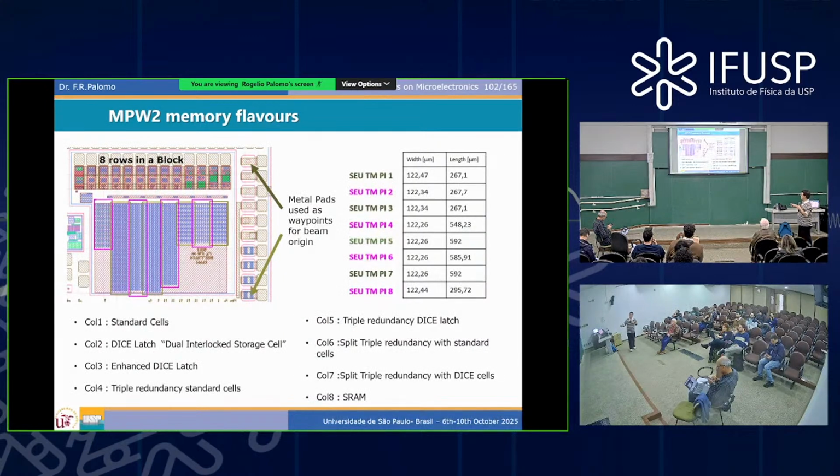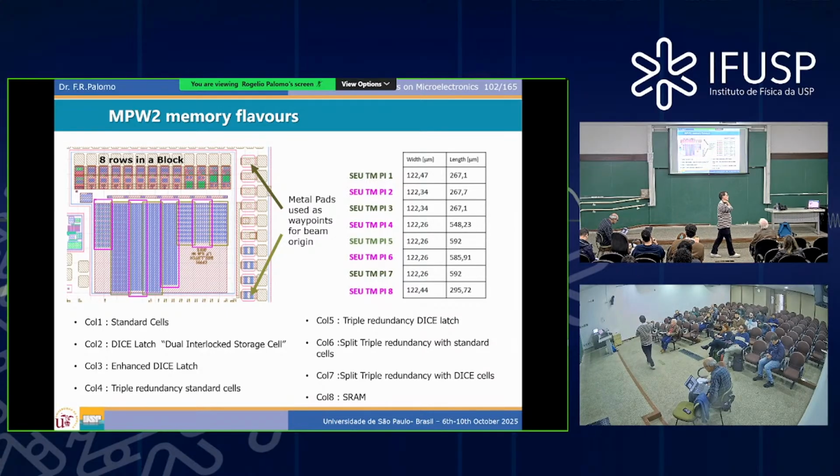Okay, this is a detail of the layout of the matrix of memories. Basically we put several memories: standard cells, dual interlock storage cells, DICEs, enhanced, triple redundancy standard cells. It's a typical experiment to test which structure is better.